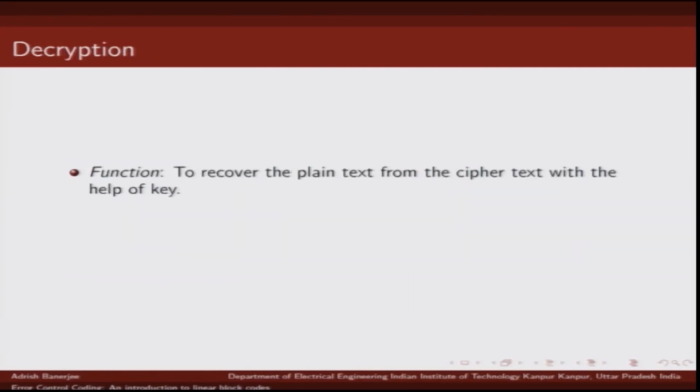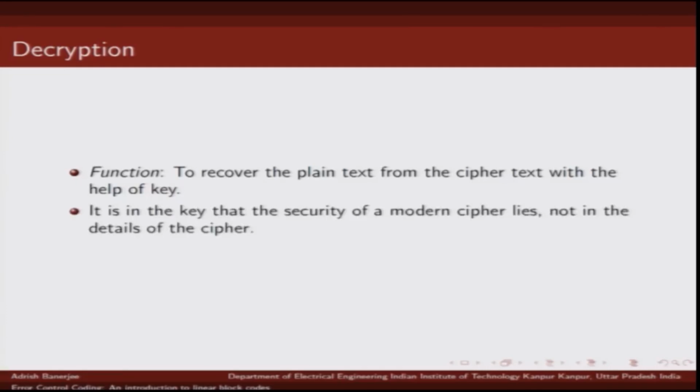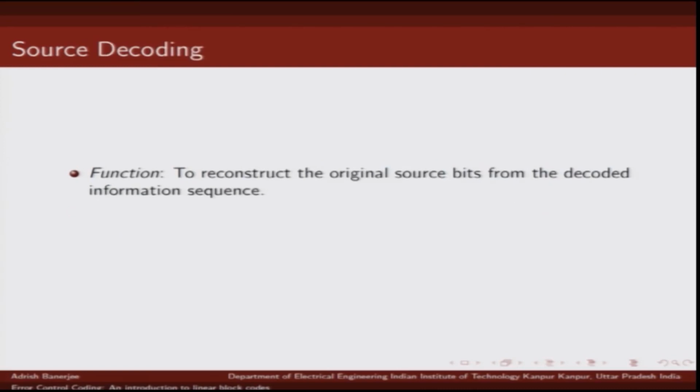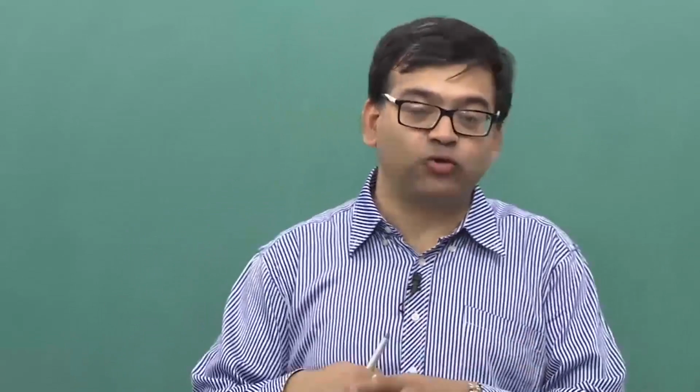After the channel decoder, we have the de-encryption block, whose objective is to recover the plain text from the cipher text, and essentially the security of the system lies in the key. Finally, we would like to get back our original source, because in the source encoder we did data compression, so we have been processing compressed data.